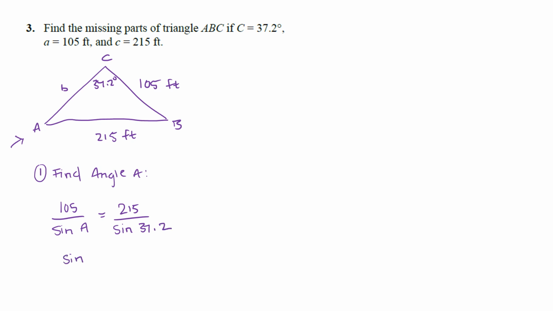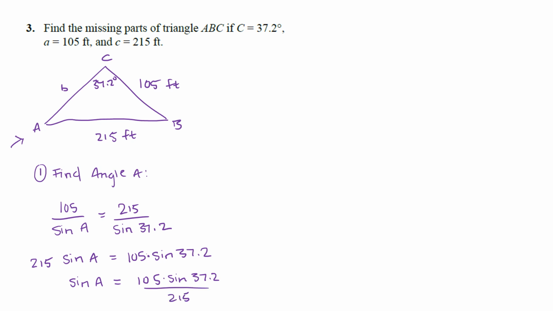So the sine of A multiplied by 215 equals 105 times the sine of 37.2. Sine of A will equal 105 times the sine of 37.2 divided by 215.